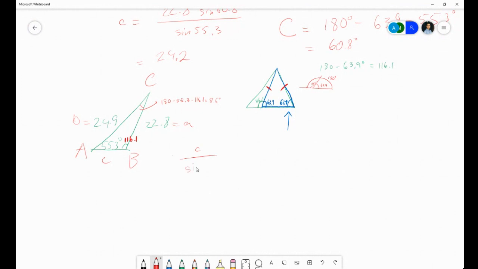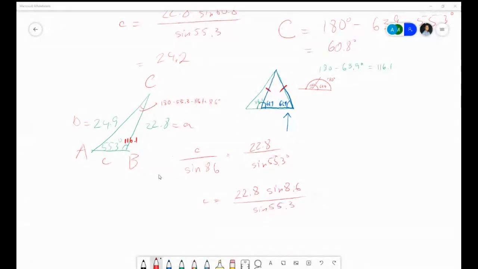C divided by sine of 8.6 equals our ratio, which is 22.8 divided by sine of 55.3 degrees. So C is equal to 22.8 times sine of 8.6 divided by sine of 55.3.